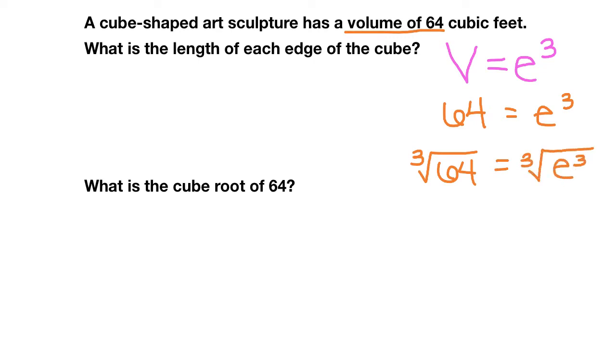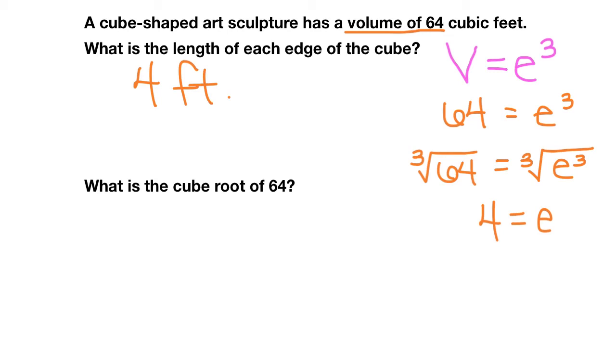On the right side, the cube root and the exponent of 3 undo each other, so we're left with e. And the cube root of 64, if we put it in our calculator, is 4. So the edge of this cube is 4 feet.